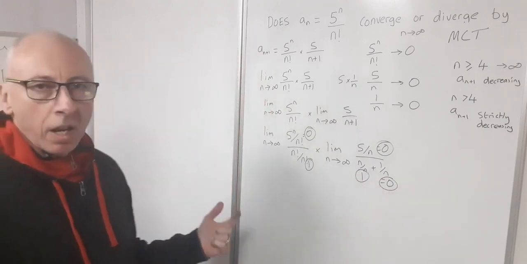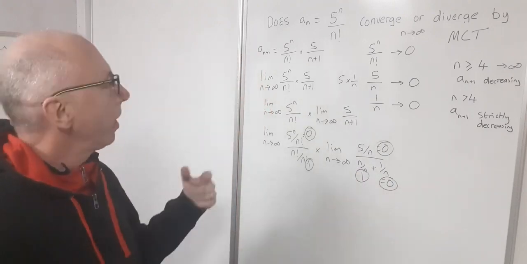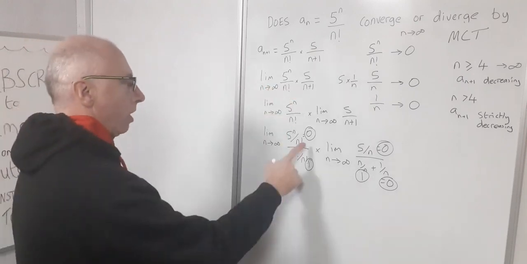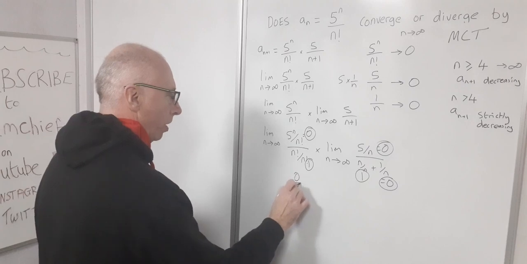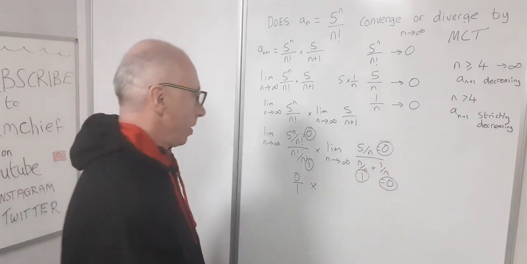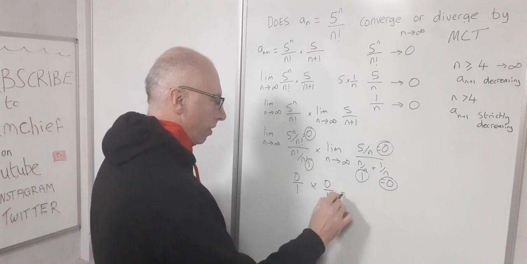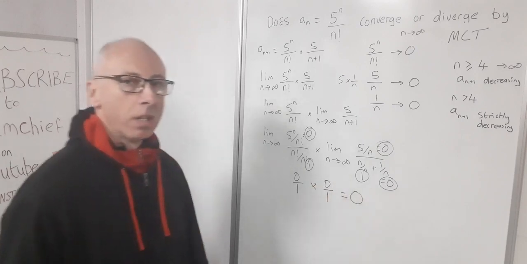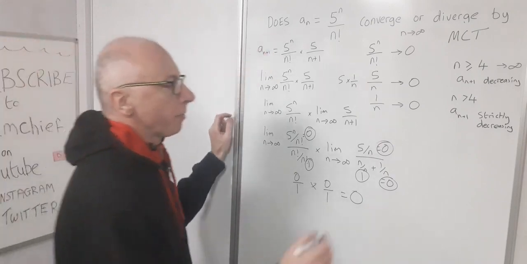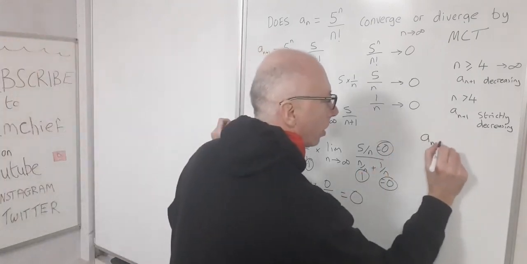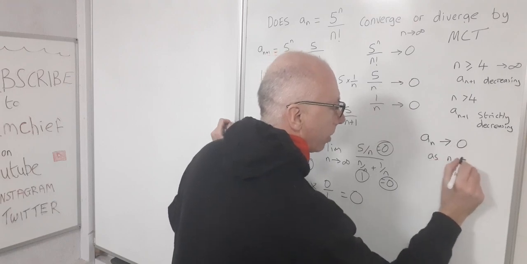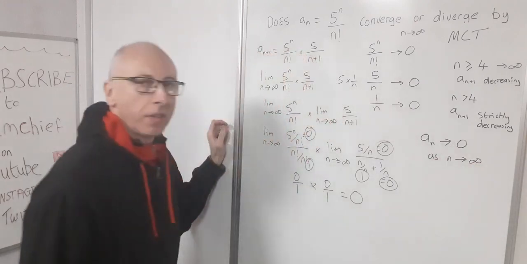Now we can multiply our two limits together and find our complete limit for a n plus 1. So we've got 0 over 1 multiplied by 0 over 1. So this equals 0. Therefore, we can say that a n approaches 0 as n approaches infinity.